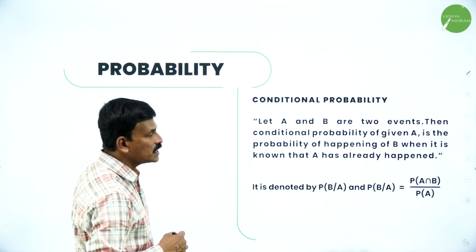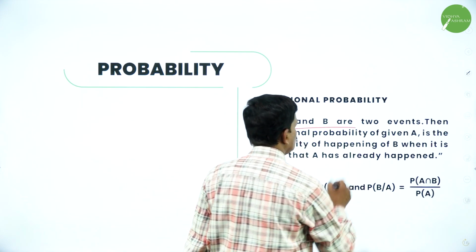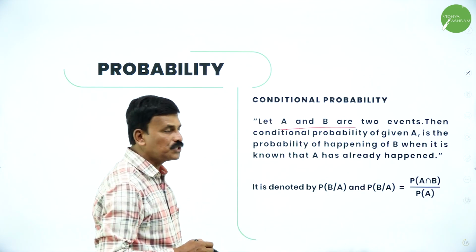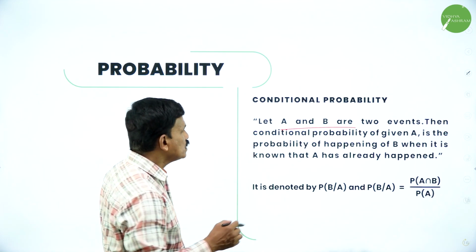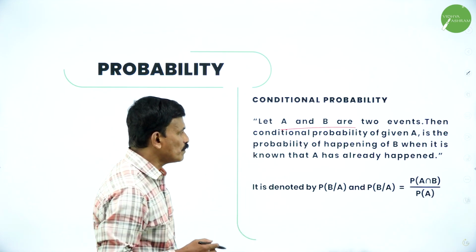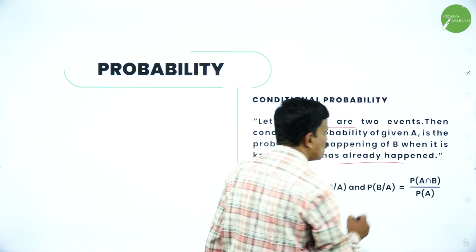Now, conditional probability. What does conditional probability mean? Let A and B be any two events. Then the conditional probability of B given A is the probability of happening of B when it is known that A has already occurred.